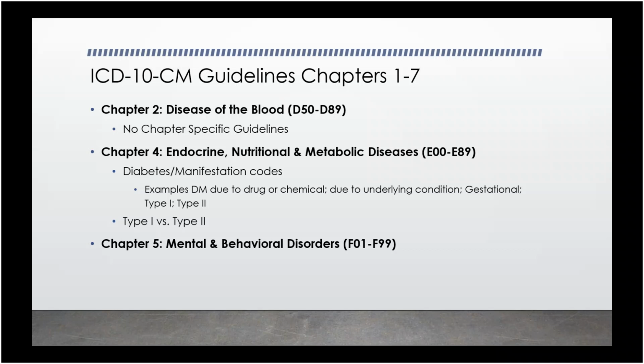We also want to know, are they on insulin or oral hypoglycemic medications? We want to make sure that we pick up those health status codes, those long-term drug use codes. If they use a combination of insulin and hypoglycemic medications, we're going to make sure that we assign Z79.4 only for those.